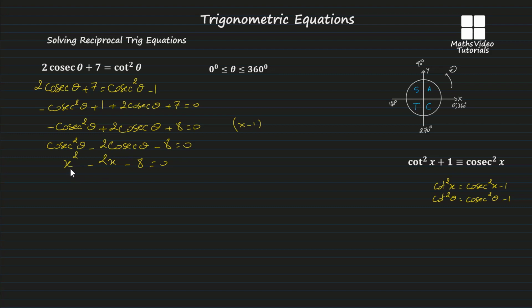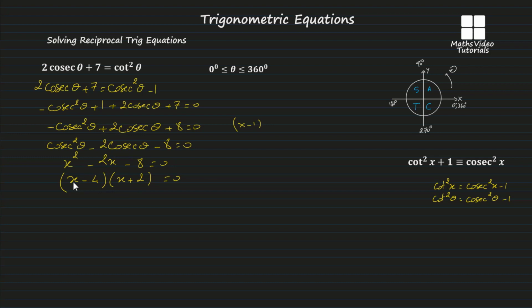So this one, the x expression, will factorize to x minus 4 bracket x plus 2, because minus 4 times plus 2 will give us minus 8, and minus 4 add 2 gives us minus 2.